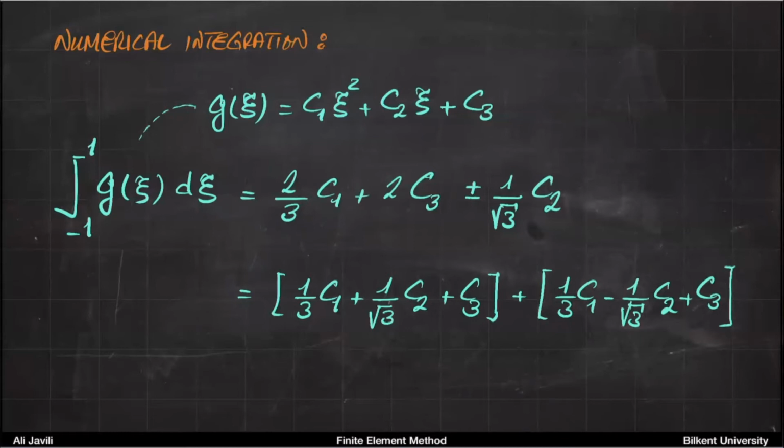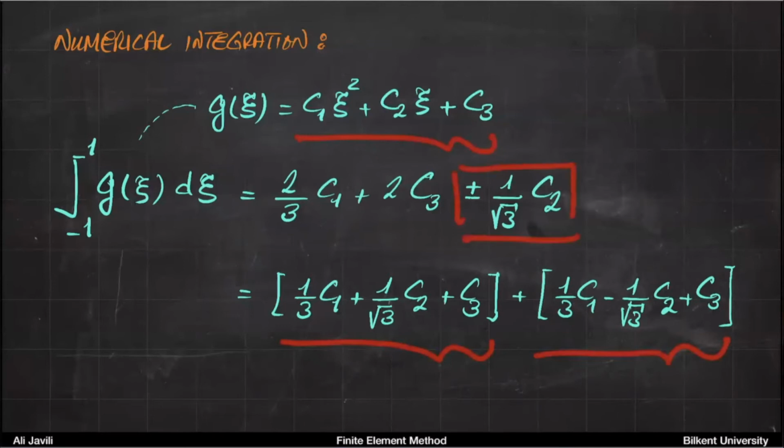Now, if you look at this and this and compare with that, maybe you can understand why I did this intermediate step. This thing is exactly G at 1 over square root of 3.